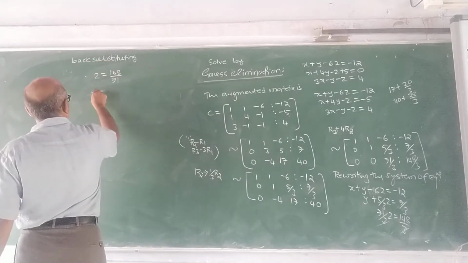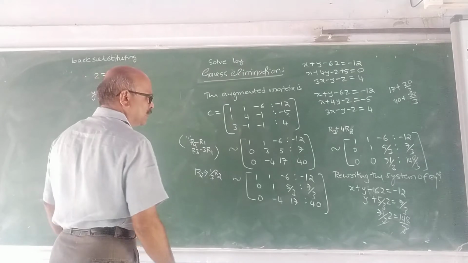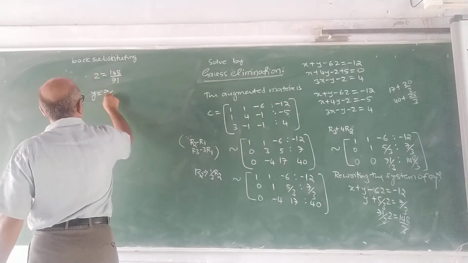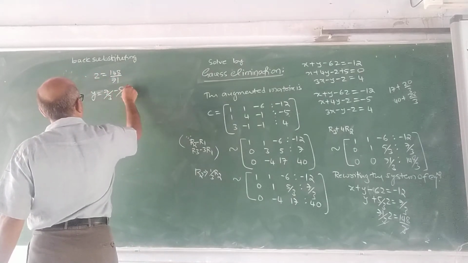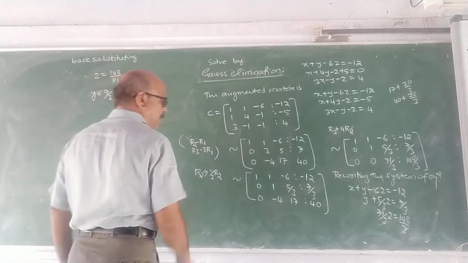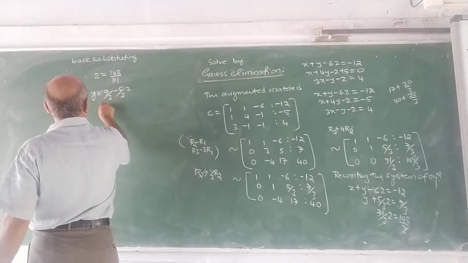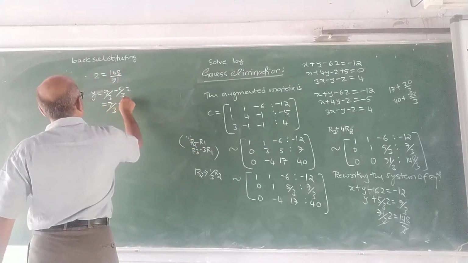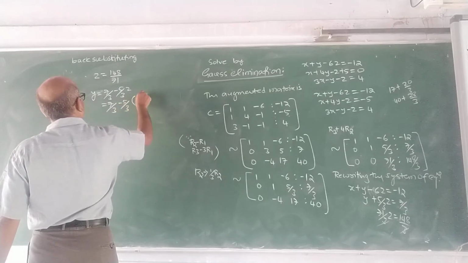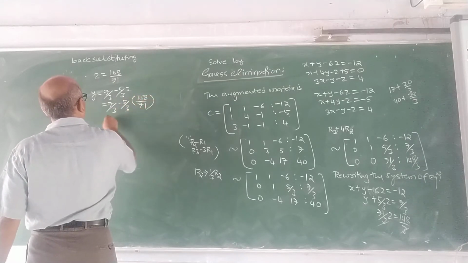What is y? y is 7 by 3 minus 5 by 3 z. Correct? 7 by 3 minus 5 by 3 into 148 by 71.